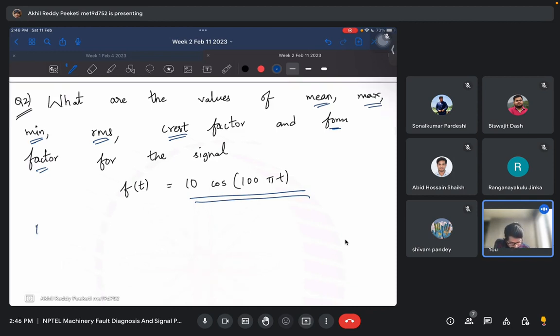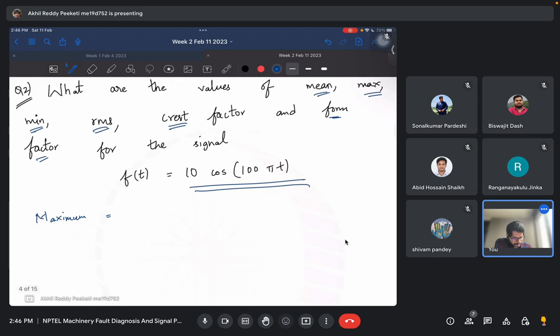First, let's say what would be the maximum? Okay. So the maximum of cos is 1, and the minimum would be -1 for a cos function. So the maximum of this would be 10 into 1, 10, and the minimum would be -10.